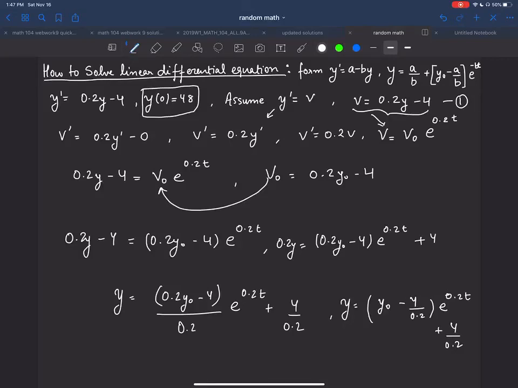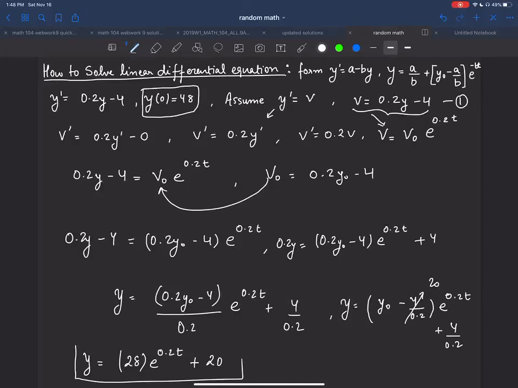That's 20. Now my y0 value is 48, so let me plug all of them in to make a final solution. Your y is going to look like 48 minus 20, so 28, e to the power 0.2t, and then plus 20 again.